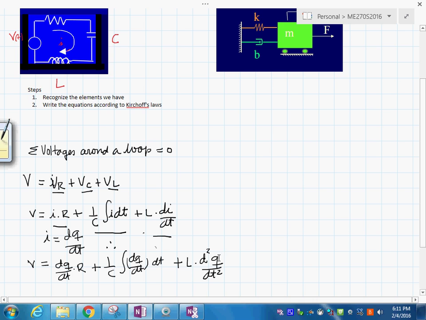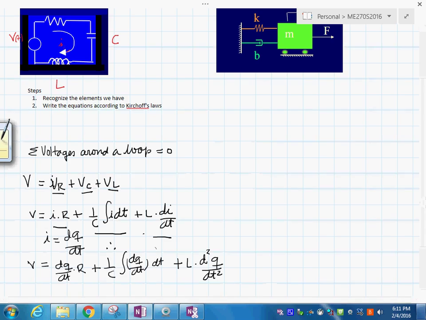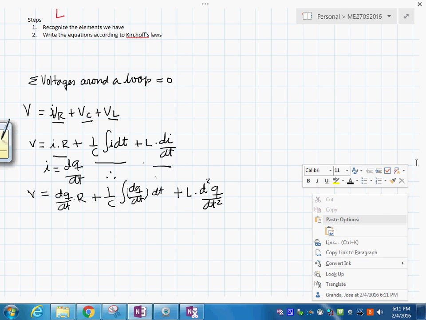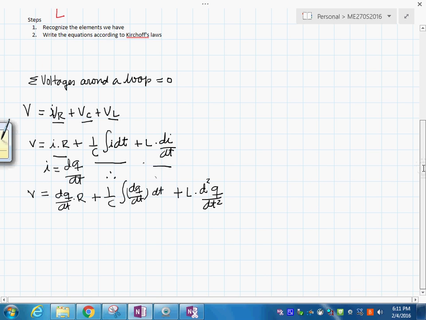Yeah, we put it in terms of the q variable. So let's reduce this. You can rewrite this equation in terms of the highest derivative.